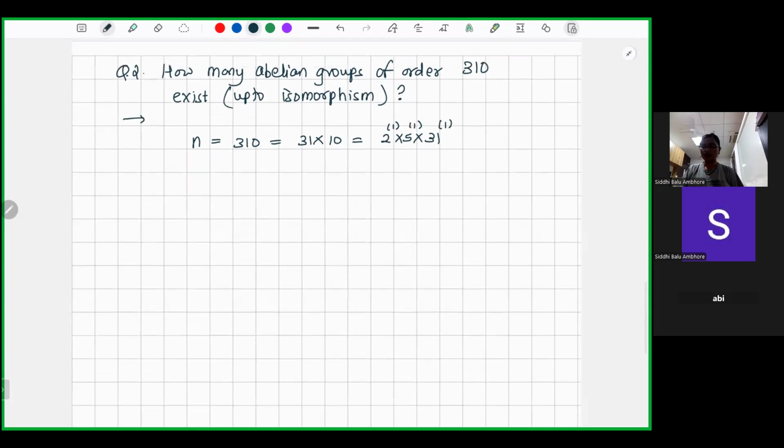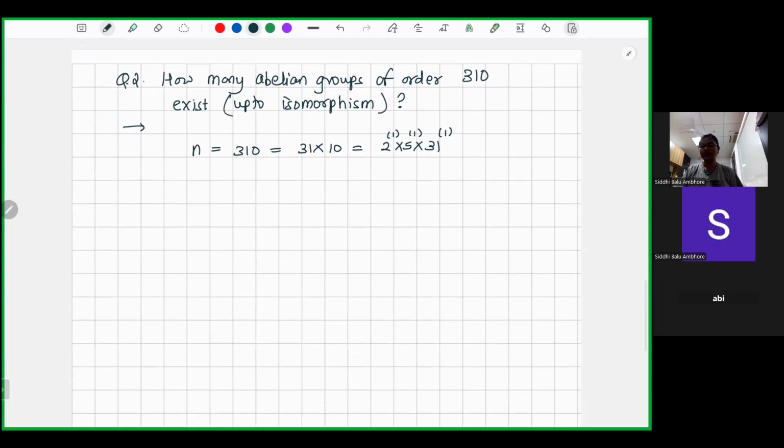So what we can get from here is that the only group that exists of this order is this Z2 cross Z5 cross Z31. Only by structure theorem. This is the only possible group, right?